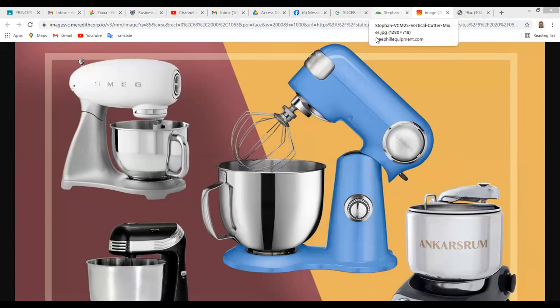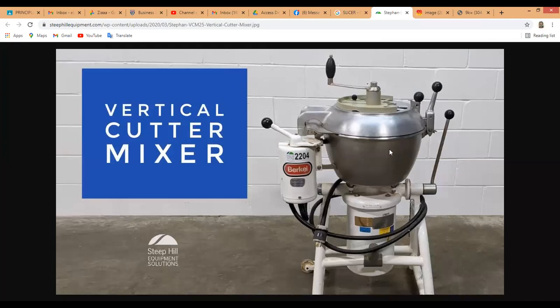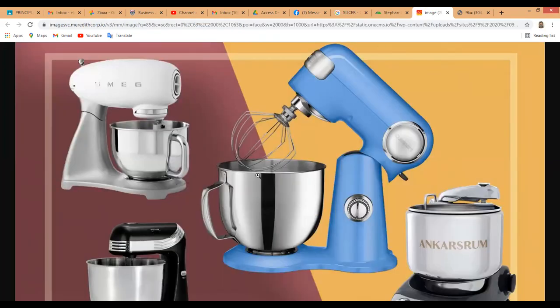And for our vertical cutter mixer, ito naman siya. So this is our vertical cutter mixer. Mas mapapansin nyo, mas malaki siya. It's because it is used for chopping and mixing ingredients. Unlike here, yung mixer natin dito, medyo maliit lang. Pero may mga malaki din ganito, especially used for baking. And napapalitan din ang attachment for this one.